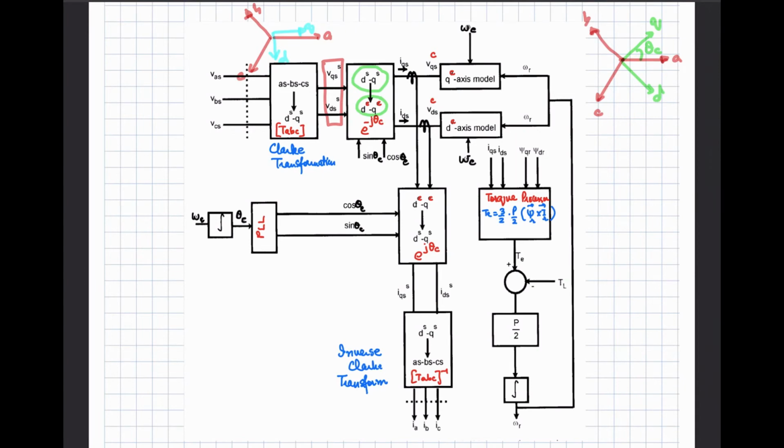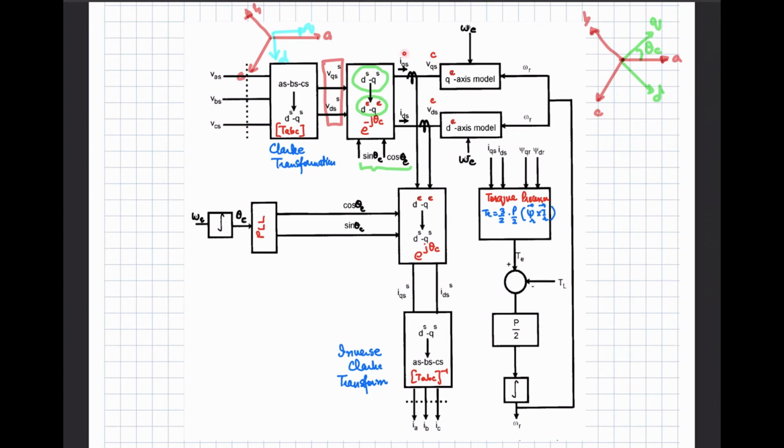So you are going to multiply with e raised to the power j theta c. To do that, what you need is sine of theta c and cos of theta c. If you consider the arbitrary frame of reference, if you know sine theta c and cos theta c, you can work out e raised to the power minus j theta c, and you can convert your stationary frame of reference quantities into rotating frame of reference quantities.